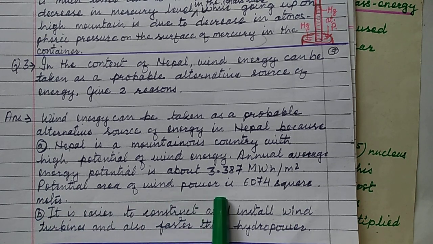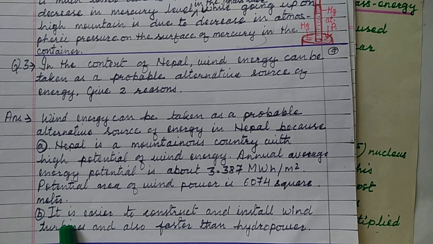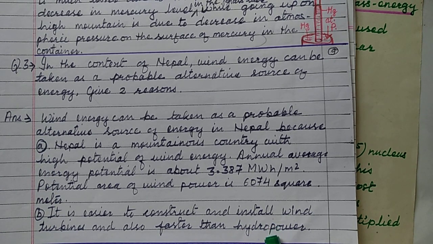Potential area of wind power is 6074 square meters, and it is easier to construct and install wind turbines and also faster than establishing hydropower stations, hydropower plants. Okay, so these are the reasons wind energy can be a probable alternative source of energy for a country like Nepal.